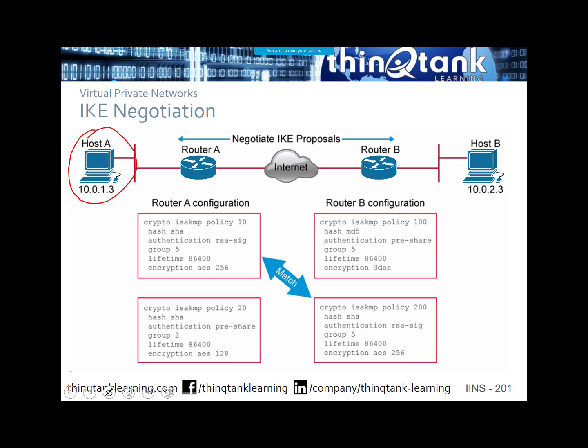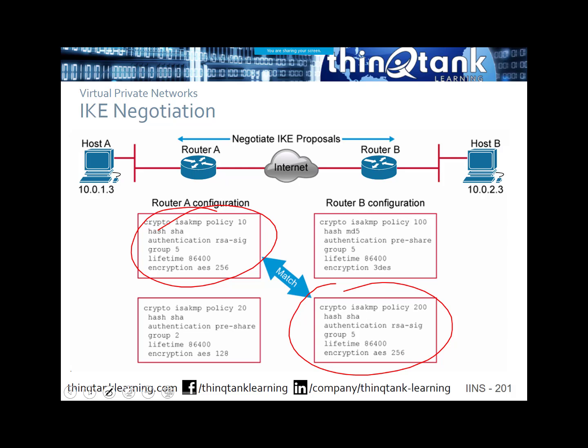If host A is generating traffic, it's going to trigger the crypto process on router A. Router A is going to send all of its proposals over to B, and router B is going to decide or choose which proposal to use based on any of the proposals that match. All right? In this case, these two proposals matched, so we went ahead and chose those policies.